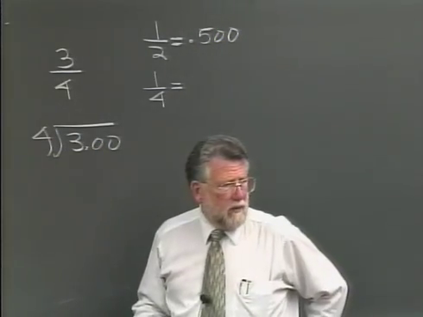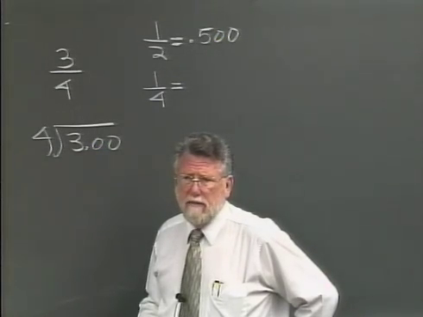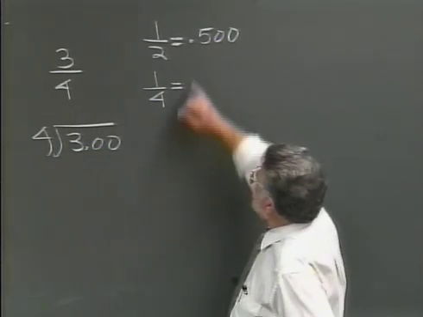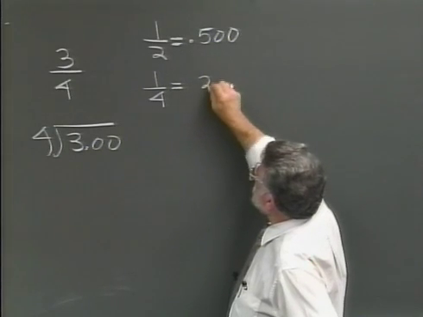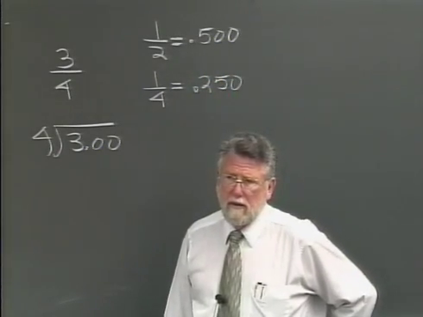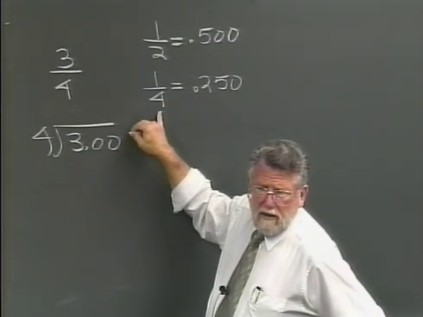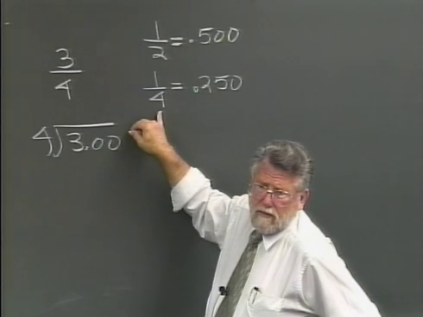Okay, well just stay with me for a moment here. I have 1/2 is 0.500. 1/4 is half of what I had here. So what is half of 500? 250. Now if I have 3 of these, that's 0.750.